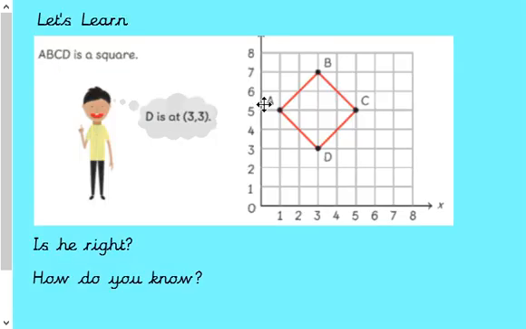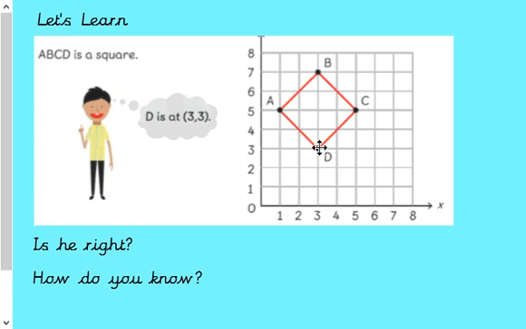So first of all, we know we've got points A, B, and C. If we wanted to turn this into a square, then we need to work out how far apart these are, because if it's a square, obviously it's got to be equidistant between all of its points.